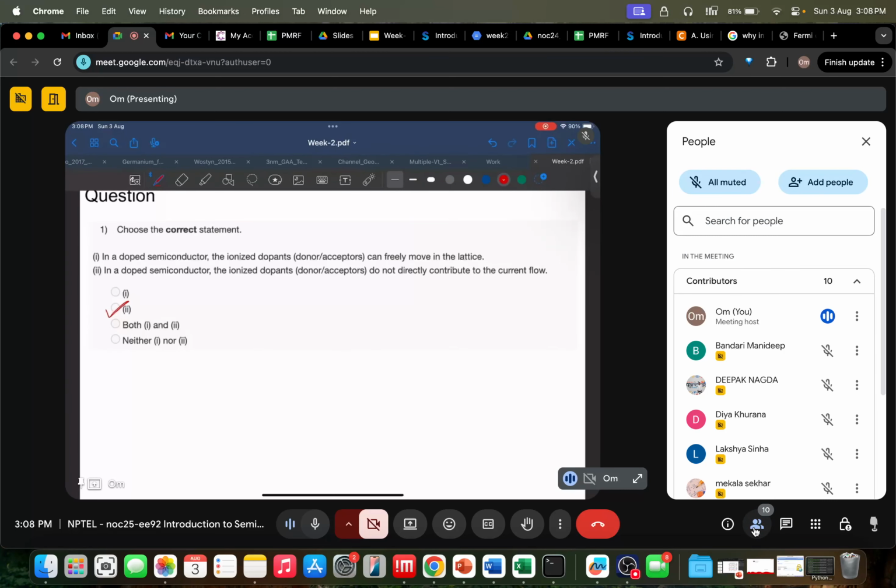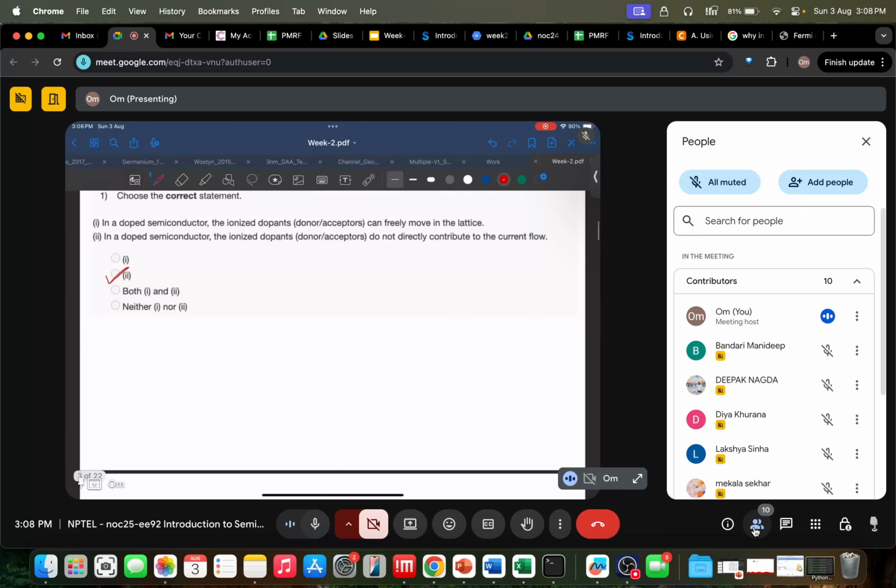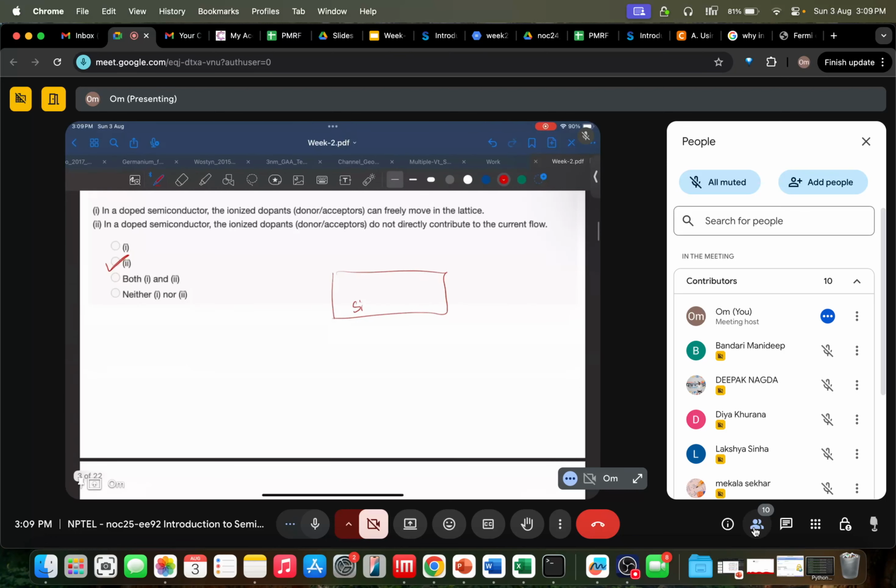No, one is incorrect because you see when we have a semiconductor, it's silicon. It's a doped semiconductor. So you dope it with, let's say, N type. That means group 5 impurities.